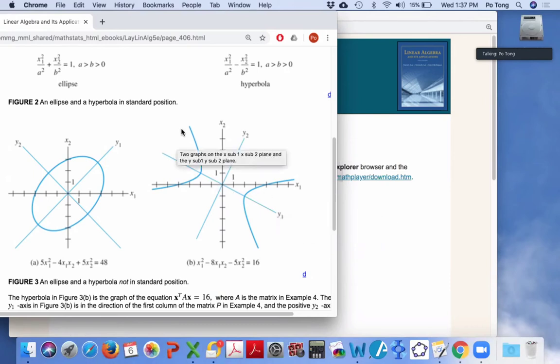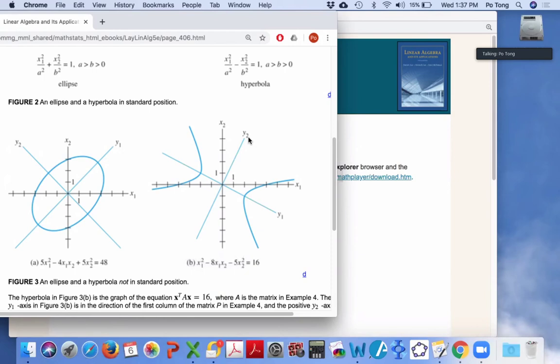The hyperbola looks like this, but it's rotated from the original one. We redefine the axes, which is a change of coordinates. The directions of y1 and y2 are our eigenvectors.